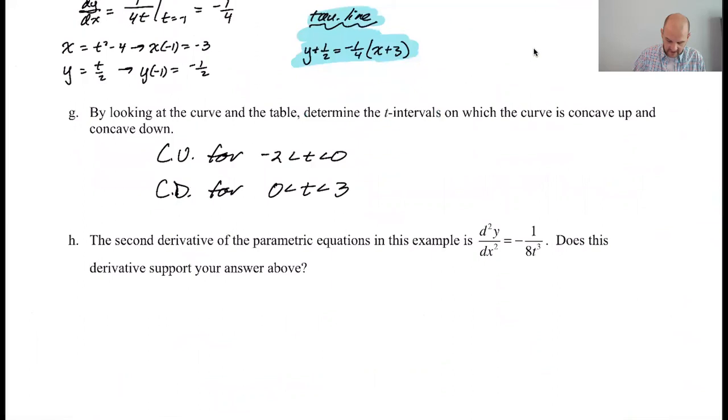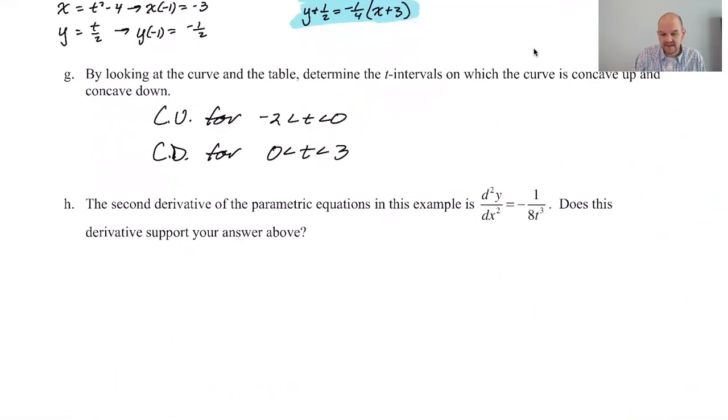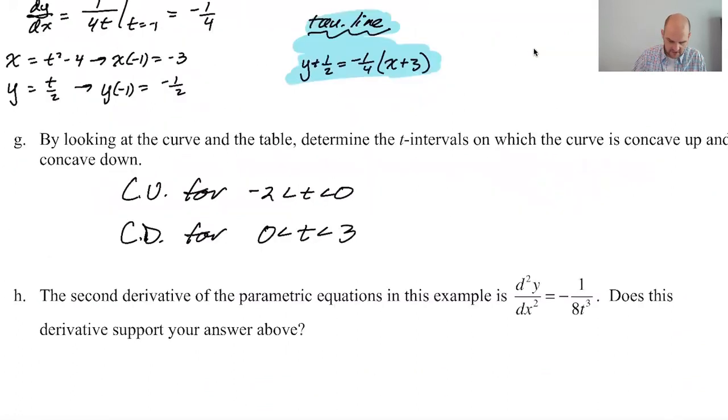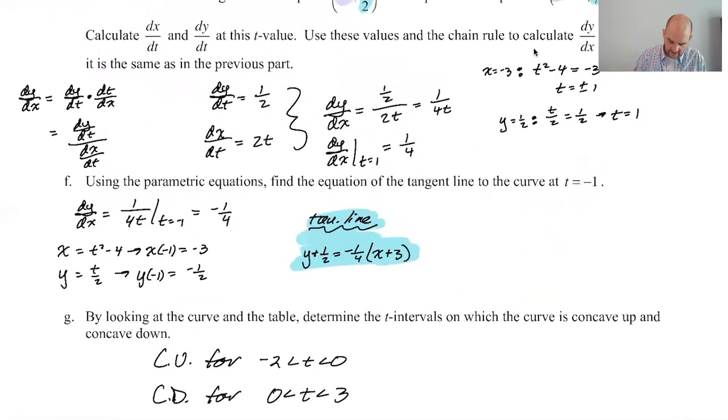Now, we don't know how to find this yet. It's a chain rule type thing again. The second derivative I'm just going to give you is this. Notice the second derivative is -1/8t cubed. The first derivative is 1/4t. If I just take the derivative of the first derivative, I don't get the second derivative. The reason for that is that t is the variable, and this is dy/dx.